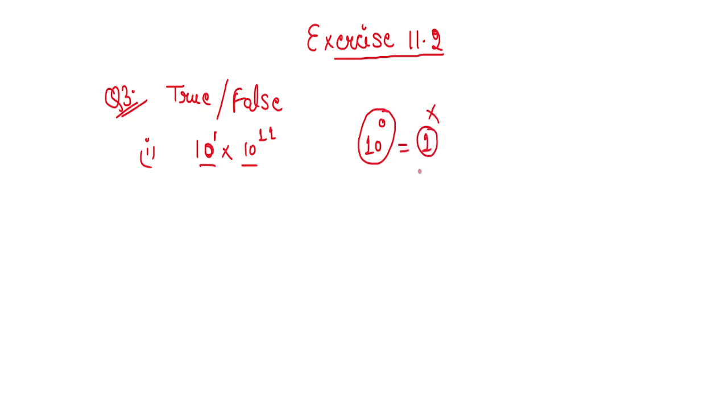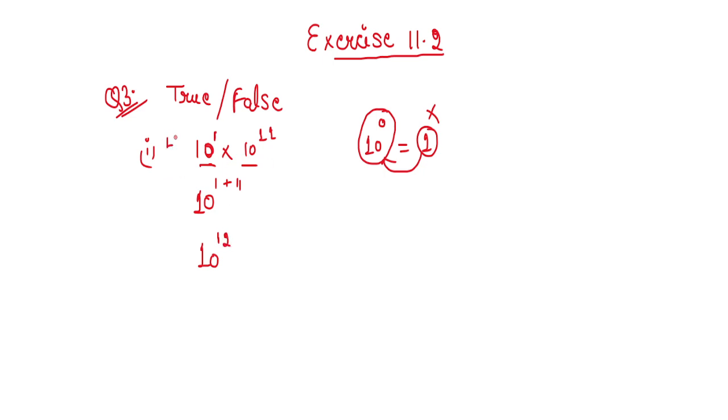But it is not equal to 1, it is 10. So it means 10 raised to the power 1. And if the base is the same, then you have to add the powers, right? So it is 10 raised to the power 12.